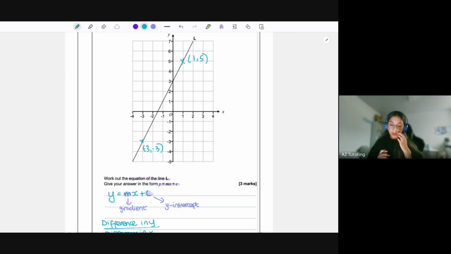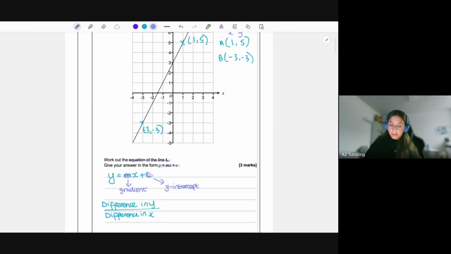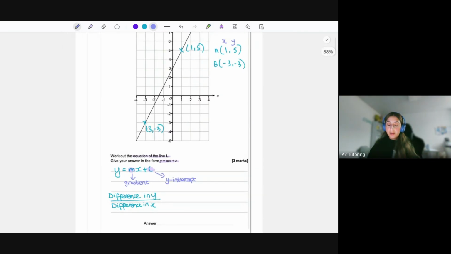So I've got my two coordinates. Now if I just write them here, A is 1, 5. B is -3, -3. So as you can see, my x coordinates are here and my y coordinates are here. So to find the gradient is the difference in the y coordinates divided by the difference in the x coordinates. The difference means take away.